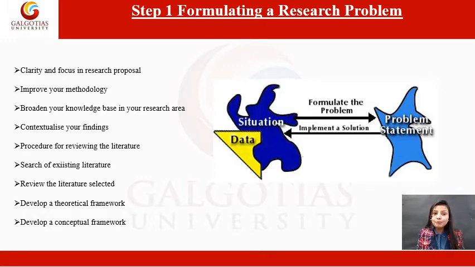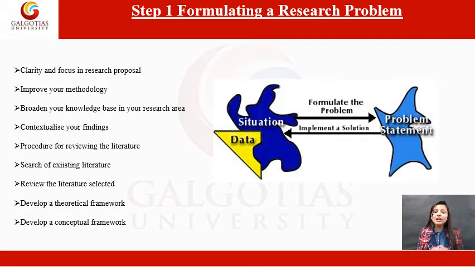The second one is to improve your methodology, broaden your knowledge, contextualize your findings, and follow the procedure for reviewing the literature, searching existing literature. For this, you have to write the keywords of your research proposal, then search all the papers, all the literature related to those keywords. After that, collect all the existing literature and review it.